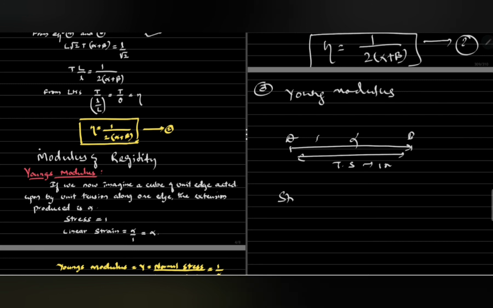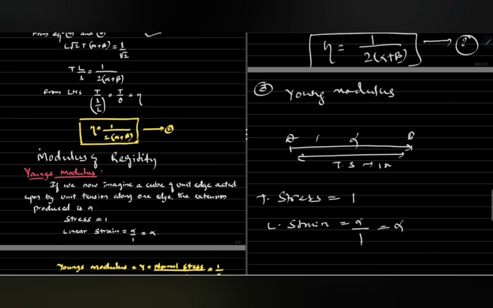So the tensile stress is 1 unit, and the longitudinal or linear strain is alpha by 1. Why? Because the original length is 1 and the change, that is the extension, is alpha.